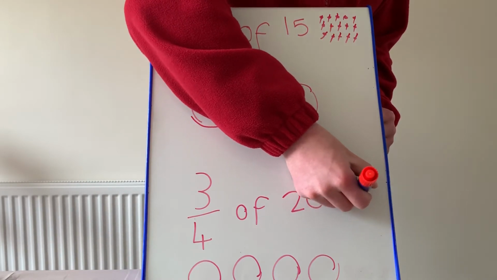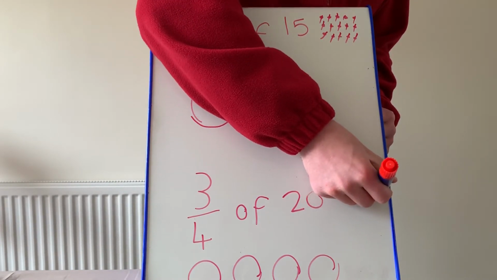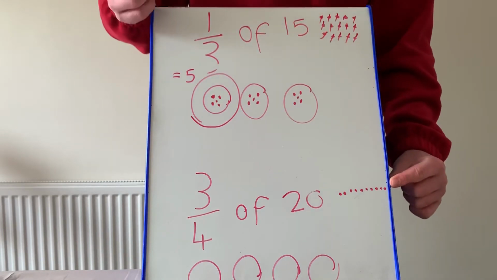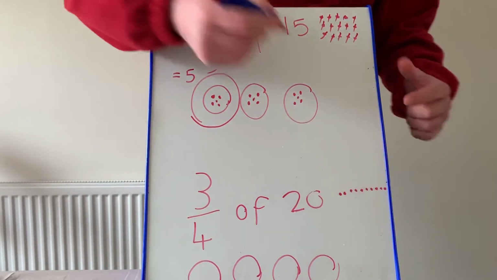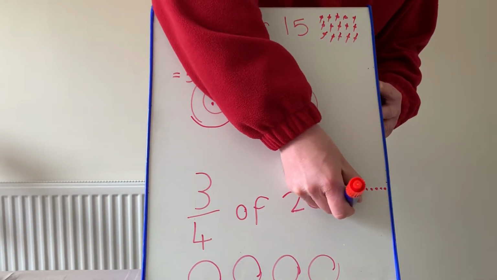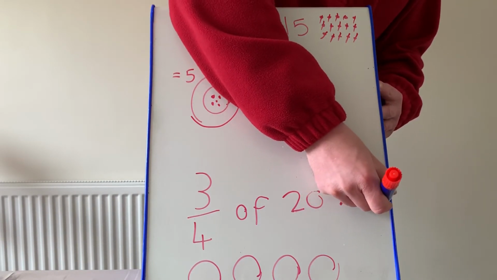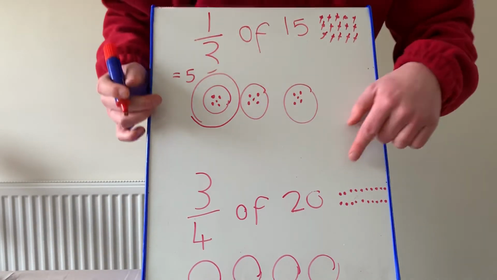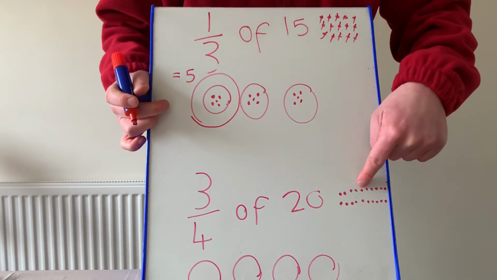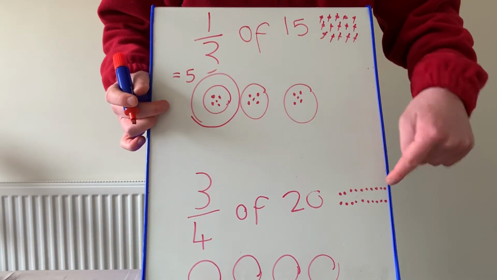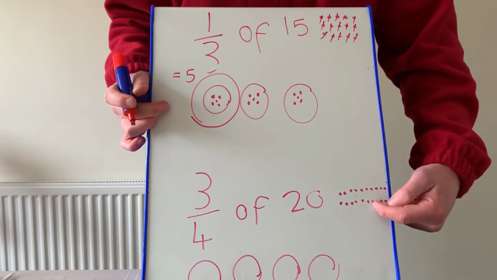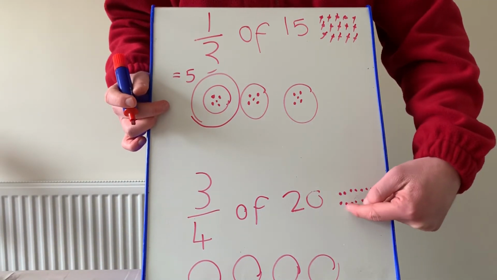Oh, I did 10 in a row that time. Maybe it's because I know that 10 times 2 is 20. I might just need to double check that. 1, 2, 3, up to 20.